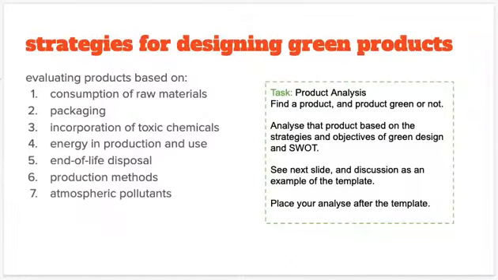So how you can analyze a product based on these strategies. That's your next task from this subtopic, is to find a product, anyone you want, and then pick the product and evaluate it based on these strategies.